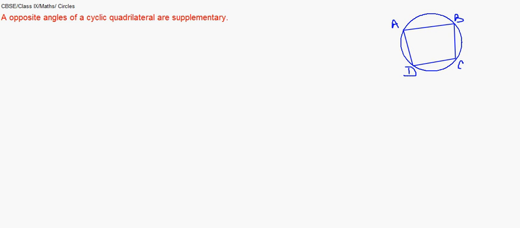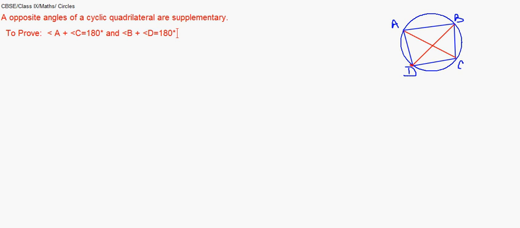To do so, let's join BD and AC. To prove, what we need is angle A plus angle C is 180 degrees and angle B plus angle D will also be 180 degrees.